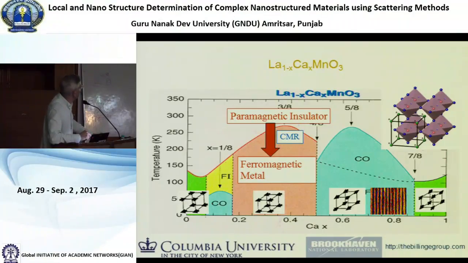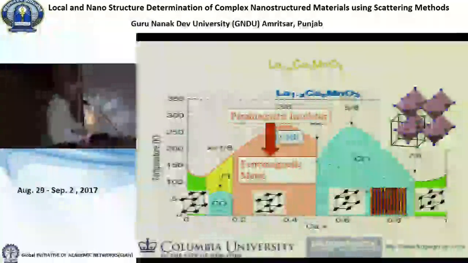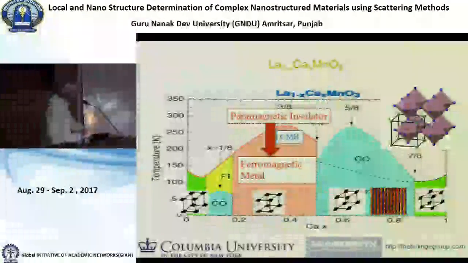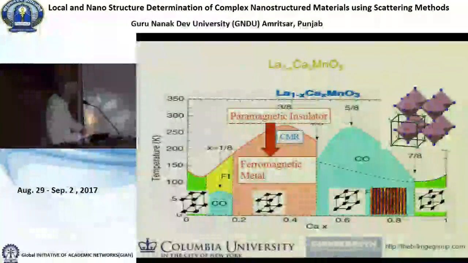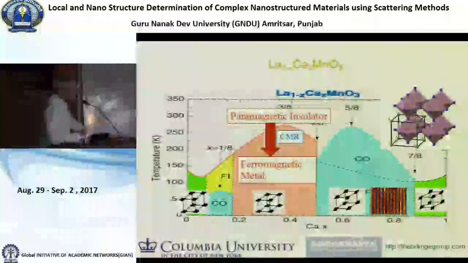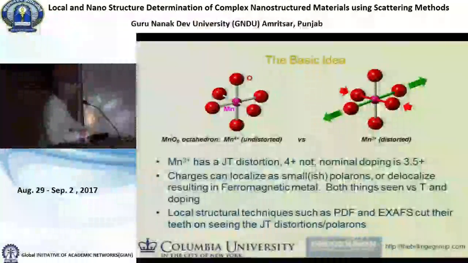We've got 3 plus, we've got 3 minus, and something's wrong here. Oh, I guess this is 3 plus. Okay, yeah. So the manganese is in the 3 plus state when it's pure lanthanum, but calcium is 2 plus. And so what's happening is I'm increasing the manganese charge towards 3.5 plus.